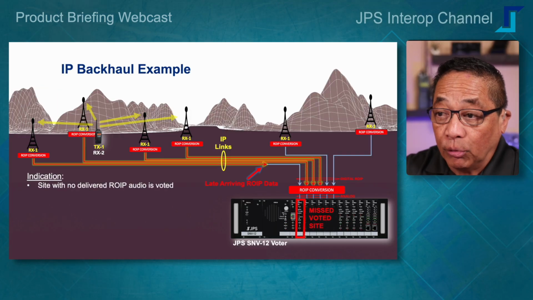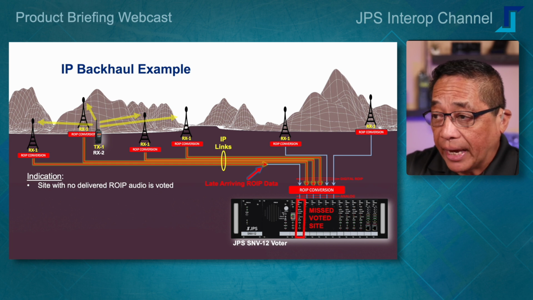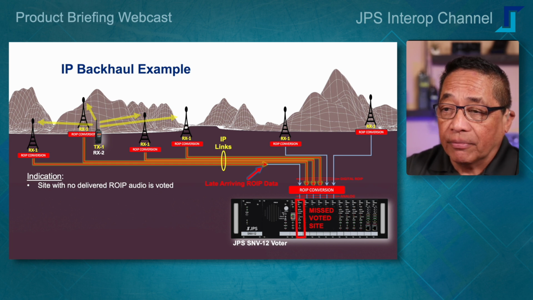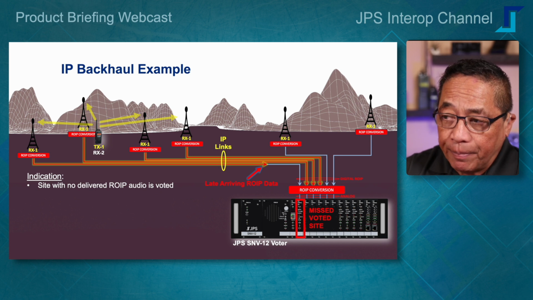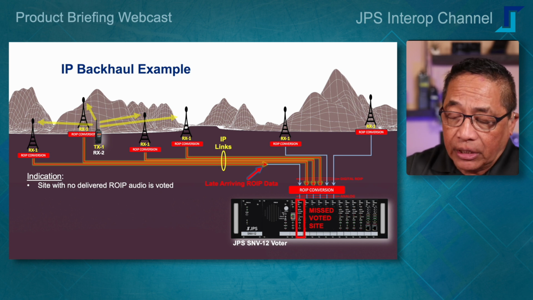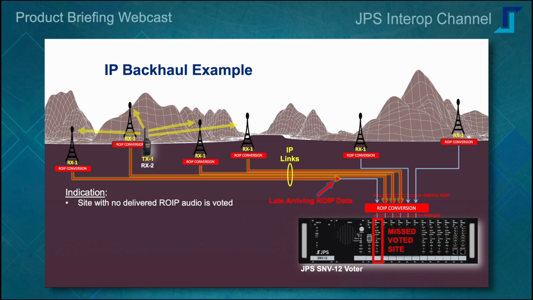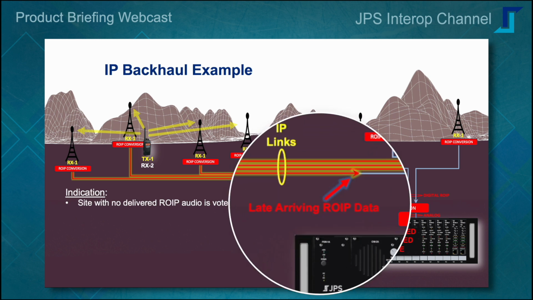Several receivers quiet and deliver that RoIP information, that digital information, back to the head end voter. We hopefully convert that back into analog content and deliver it to the voter for noise or quality assessment. As you can see in my diagram, however, one of the sites is latent again.